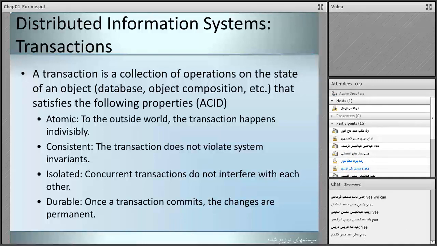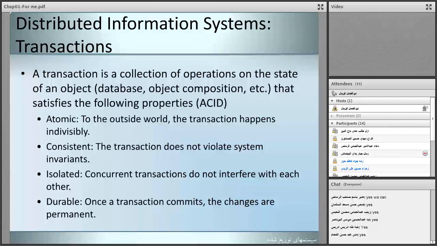So, as I said, distributed information systems is another type of distributed systems, or popular distributed systems indeed. It's about transaction, and probably you know that a transaction is a collection of operations on the state of an object.